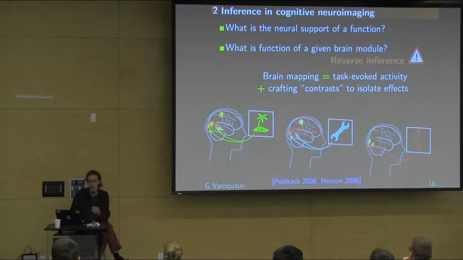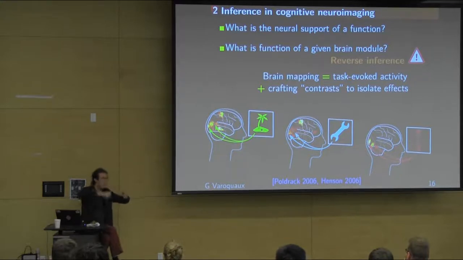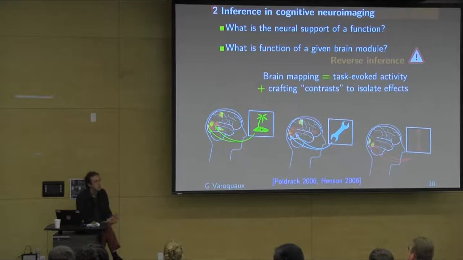So really, it's first getting the simple impact of a task, and then trying to cancel other aspects of the stimuli. And this cancellation is what people use to try to recover some form of specificity. And then they claim that there's a face-specific area, but it's really conditional on the experiment that people have done.